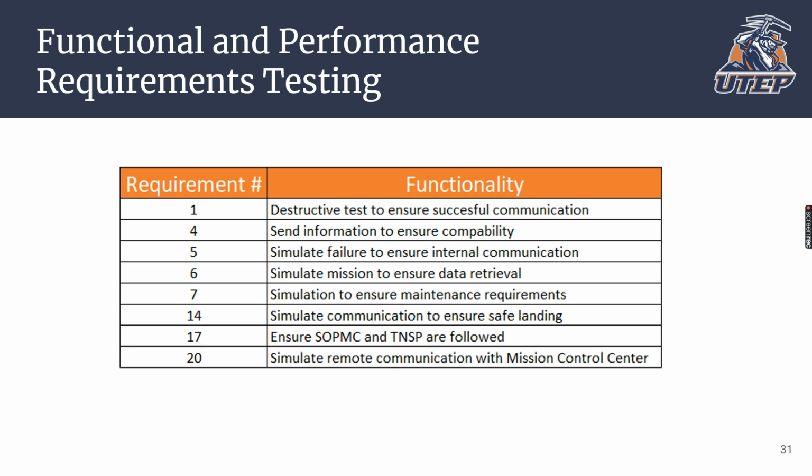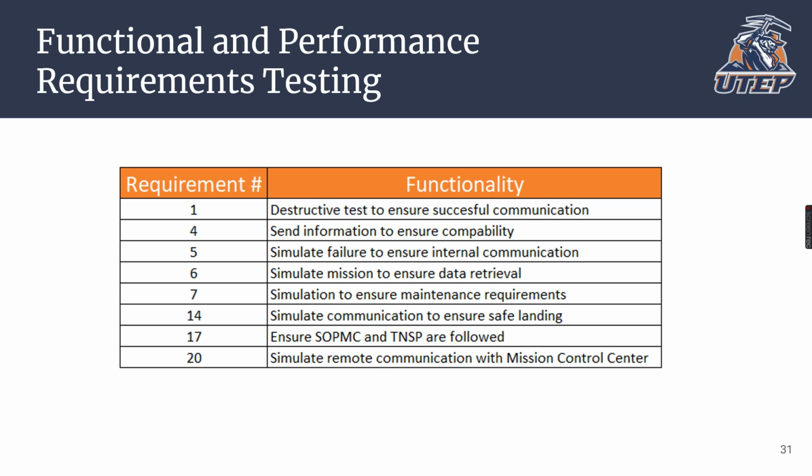For requirement number 6, we simulate a mission for a few hours and ensure retrieval of data from all systems. For requirement number 7, we run a simulation of systems, components, degradation, and ensure communication systems notify of all maintenance requirements. For requirement number 14, we coordinate communication systems to ensure safe landing of the rocket and successful communication between them.